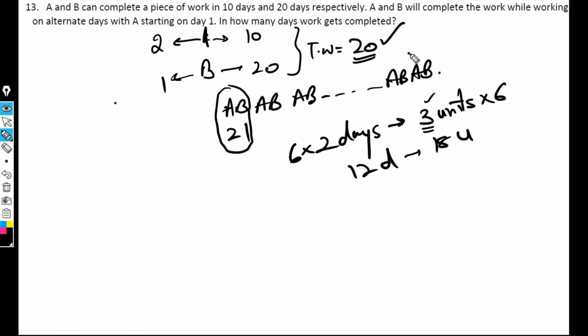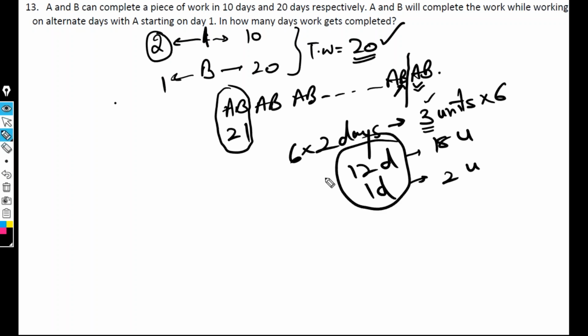On the 12th day, B has worked, and the next day is the turn of A. So 2 units of work are remaining, and A can complete 2 units in 1 day. So A will take one more day. Answer comes out to be 13 days. Is it clear, everyone?